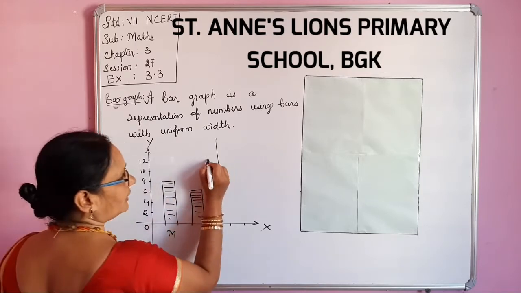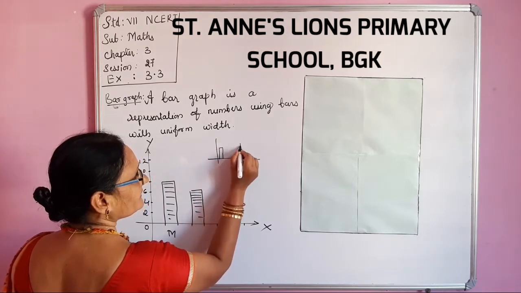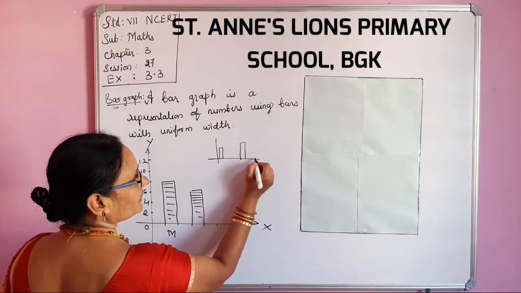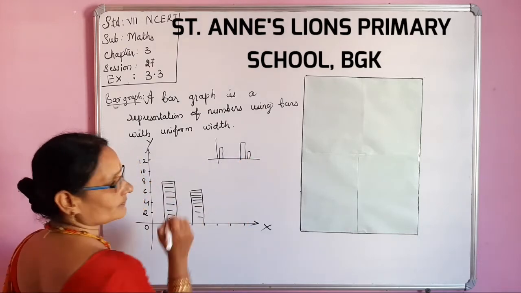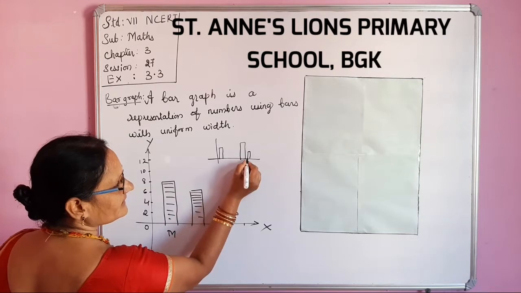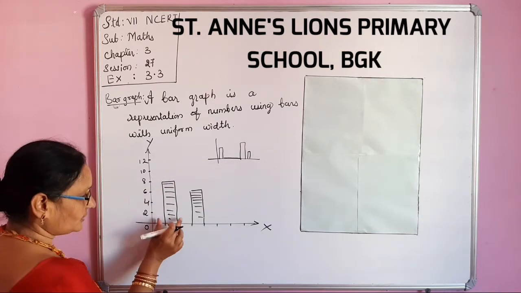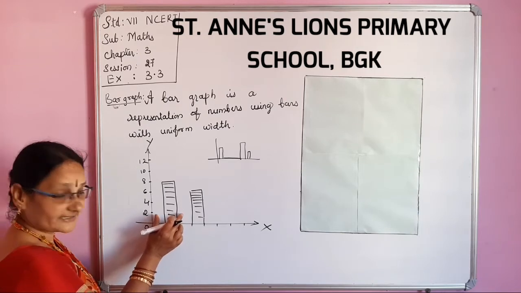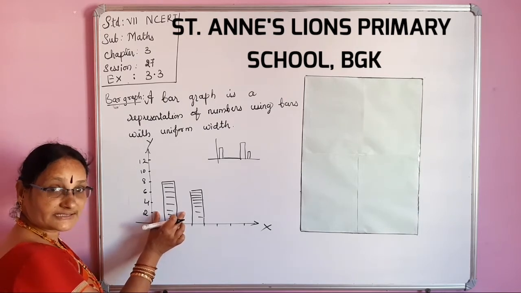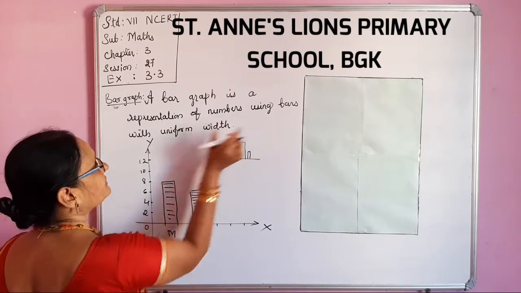You should not draw the bar graph like this: one is here and another one is here, and another one is here. No, this is the wrong method. If the first one is here, distance, and here you see, this is not a bar graph. In between two bars, there must be equal distance. Even each bar must have the same width.